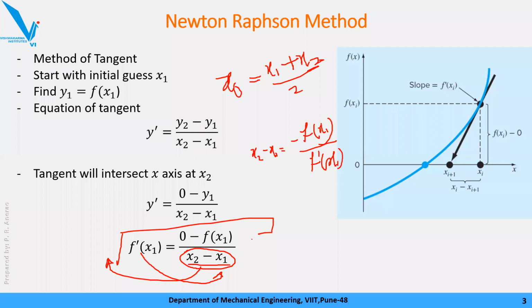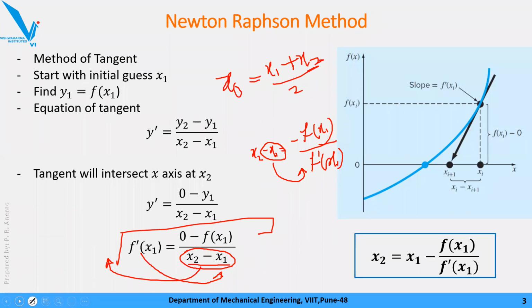Then I'll take the minus x1 onto the right hand side. So the final equation is x2 equal to x1 minus f of x1 divided by f dash of x1.